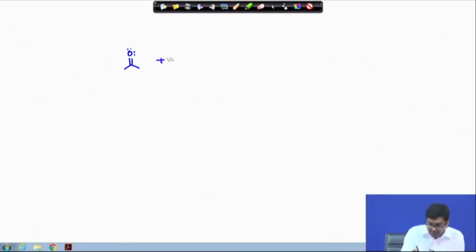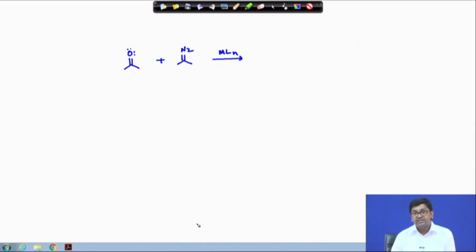For example, if we see the carbonyl ylide formation. The carbonyl group, these oxygens, they have lone pairs. Now, if we take the corresponding diazo compounds, in the presence of different transition metals, these diazo compounds can nicely form the carbenoid species.